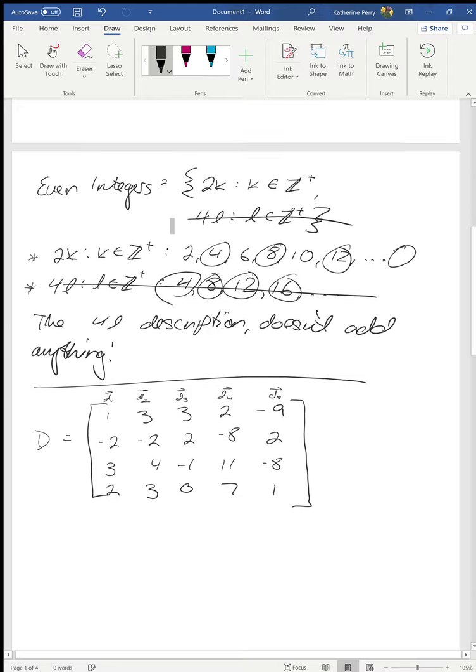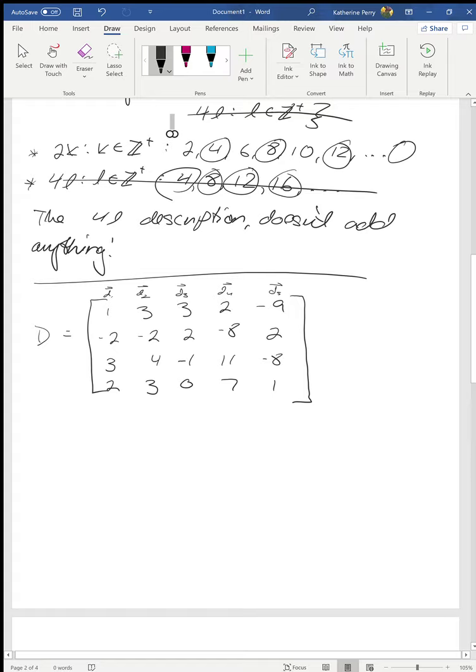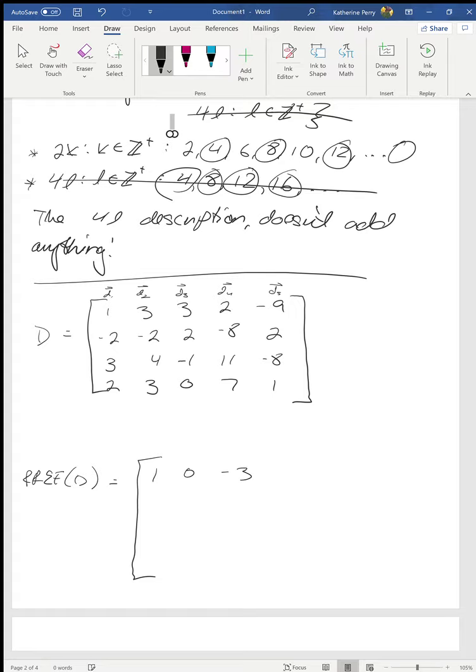And when we put this in reduced row echelon form, the RREF of D was equal to the following matrix: 1, 0, minus 3, minus 5, 0, 0, 1, 2, minus 1, 0, 0, 0, 0, 0, 1, and then a row of all zeros.